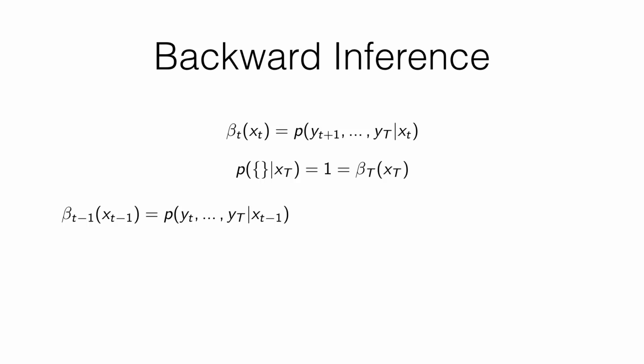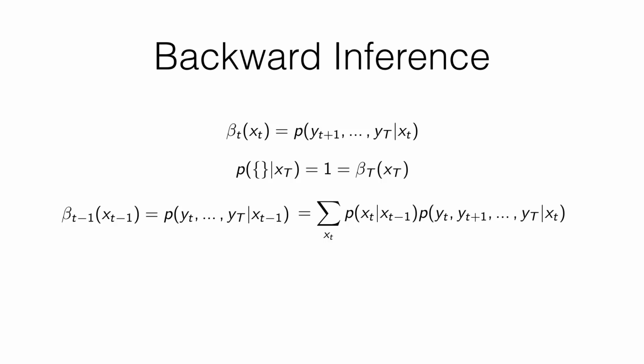And we can think about the terms in the hidden Markov model expression that have to do with this, and basically it boils down to this: we're going to sum over all the possibilities for the state of that next time step, xt. Remember, we're trying to compute the beta for t minus 1, so the next time step is xt.